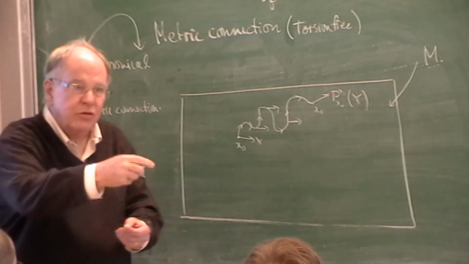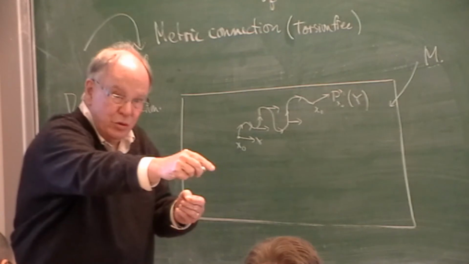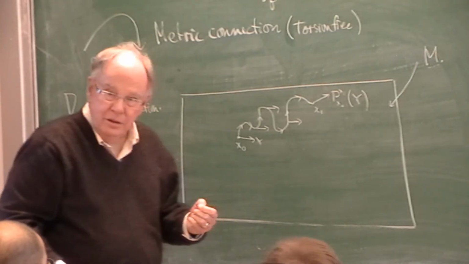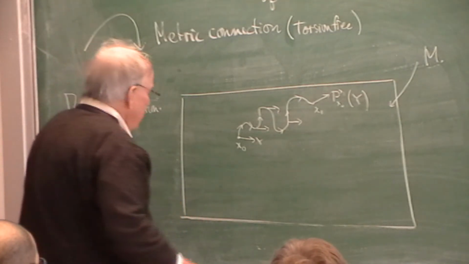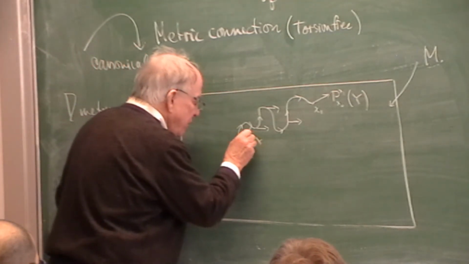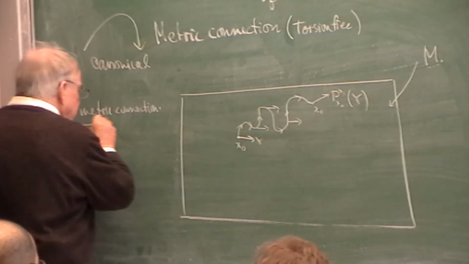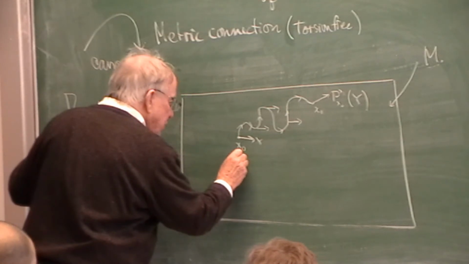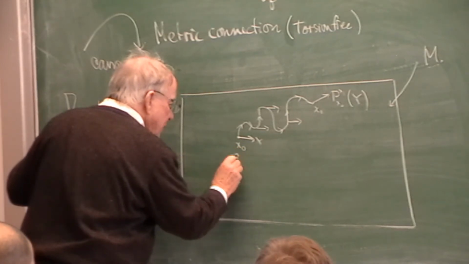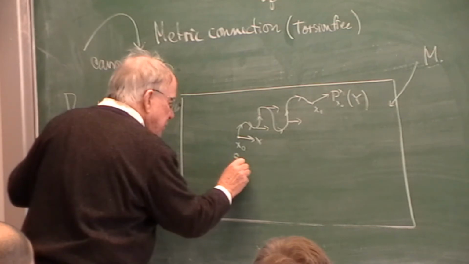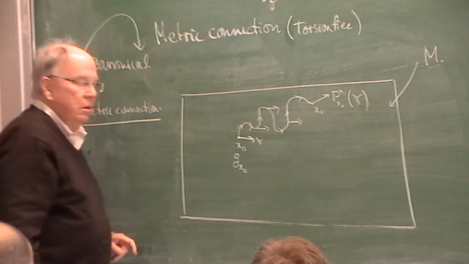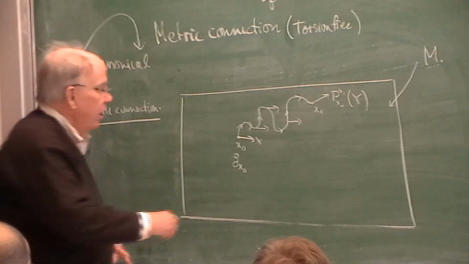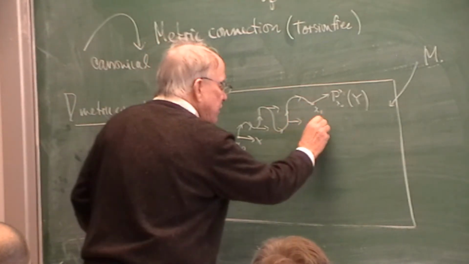I told you if you have a connection, there's a canonical way to transport vectors along curves. Okay? Take a vector here at the beginning with respect to the metric connection. You have a metric here. Riemann called this bilinear thing G. So we have the metric on this tangent space, G x0. Right? I have the geometry of that tangent space, and I have the geometry of this tangent space, G x1.